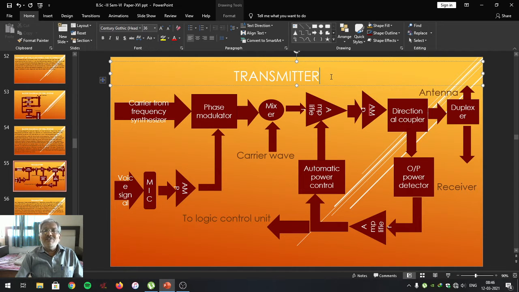The main role of transmitter is to transmit the voice calls from that particular cell phone towards the receiving cell phone, means to whom we want to communicate with each other. And for this particular purpose, transmitter does the very vital role.